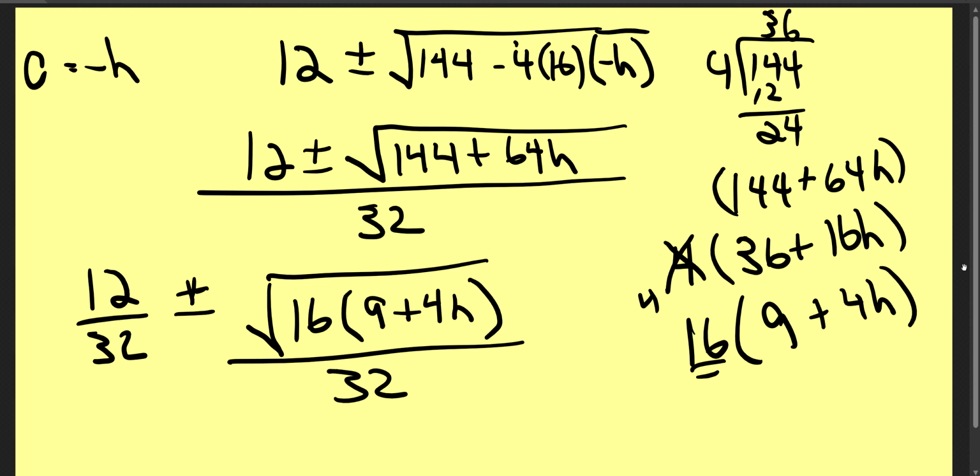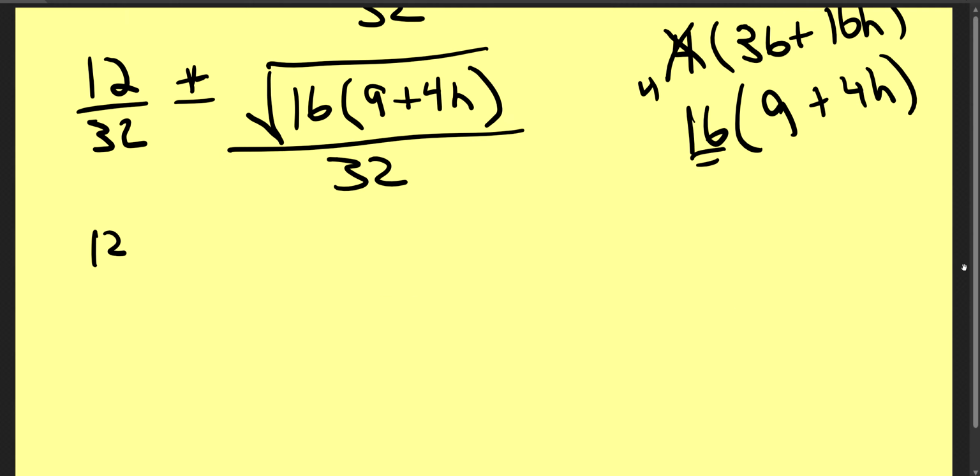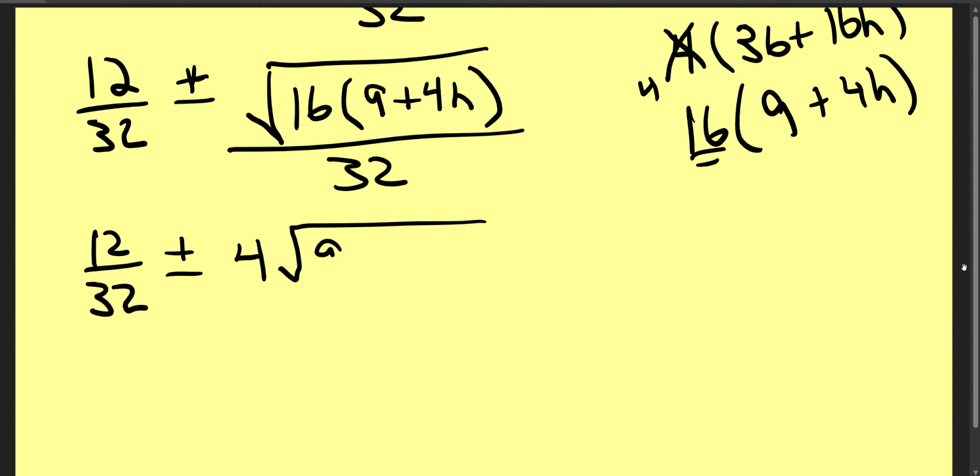Now I've got a square root of 16 that I can take out. That means I have 12 over 32 plus or minus. The square root of 16 is 4, so that comes out front, and what's left is the square root of 9 plus 4h, all over 32.